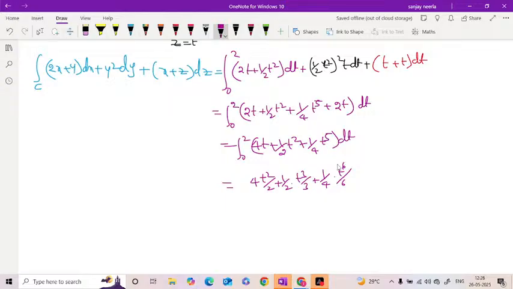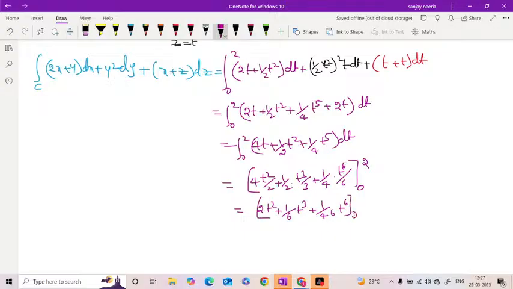Correct, Andy? Now the limits 0 to 2. Now to cancel, it is 2t square first part and 1 by 6 into t cube plus 1 by 4 into 6 into t power 6.